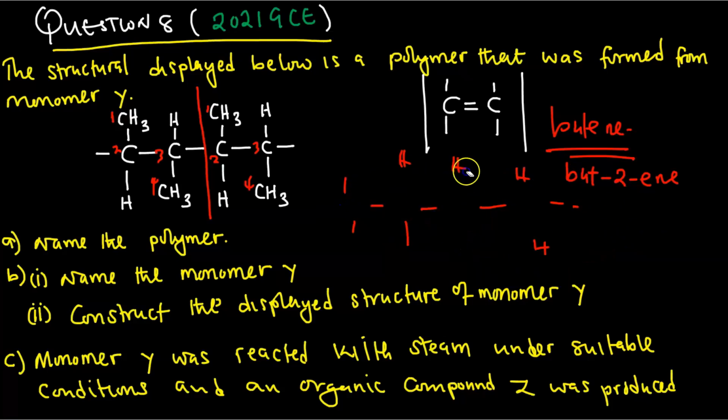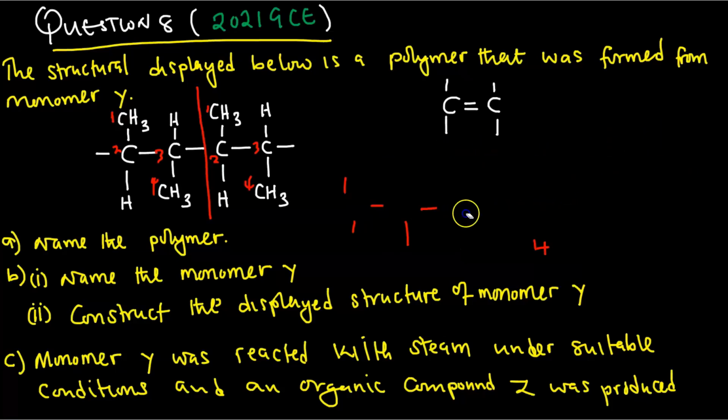So please, the name of the monomer is called but-2-ene, not but-1-ene, please. That is the monomer, or butene.